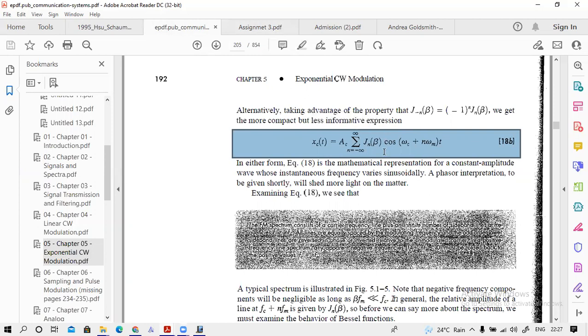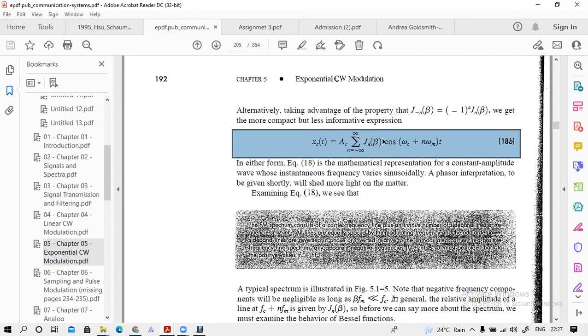Here we have a collection of sinusoidal signals, so we can say this is a collection of harmonics. We can represent our frequency modulated signal as a collection of harmonics using the Bessel function.